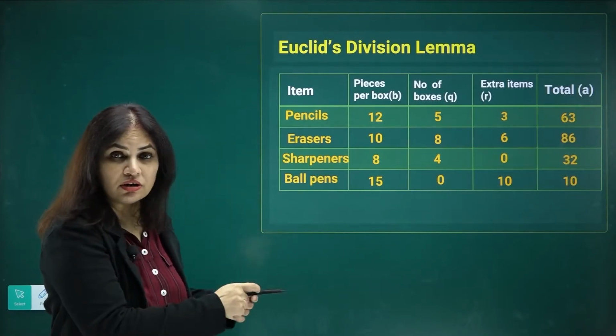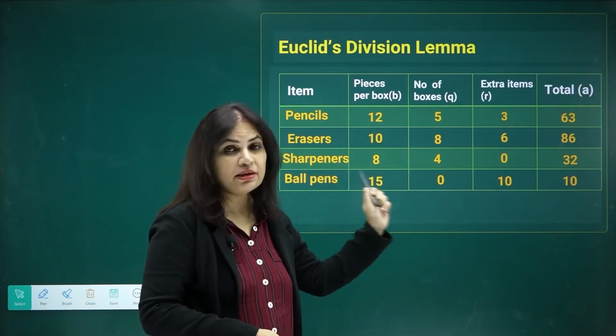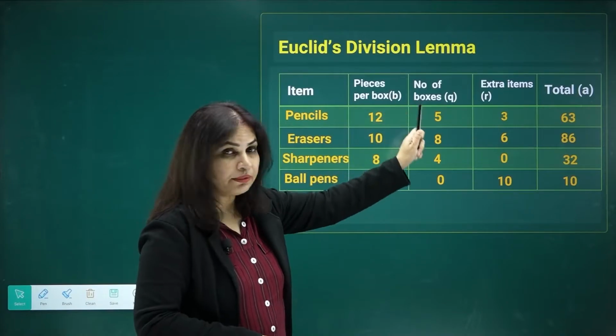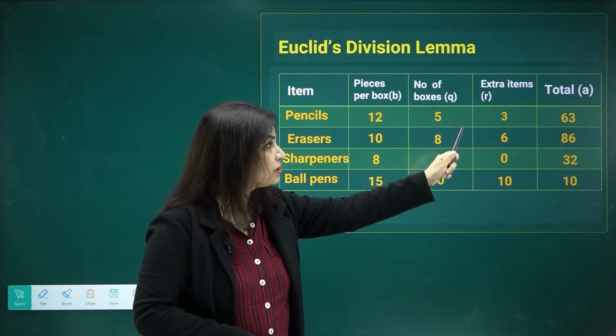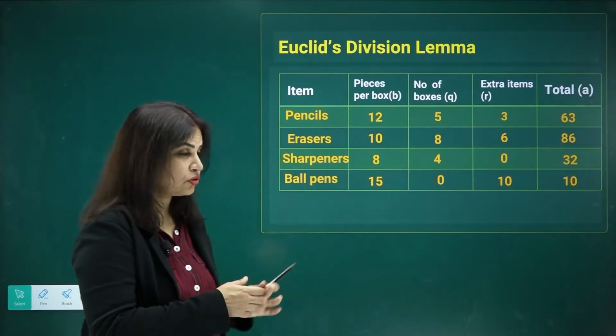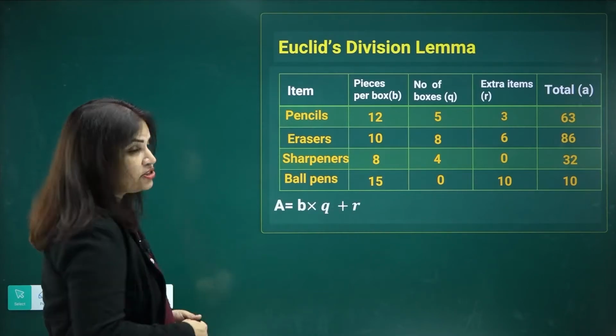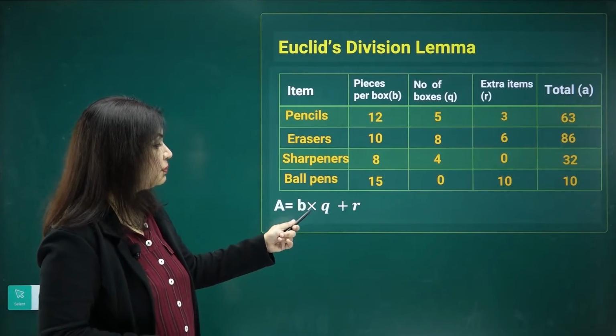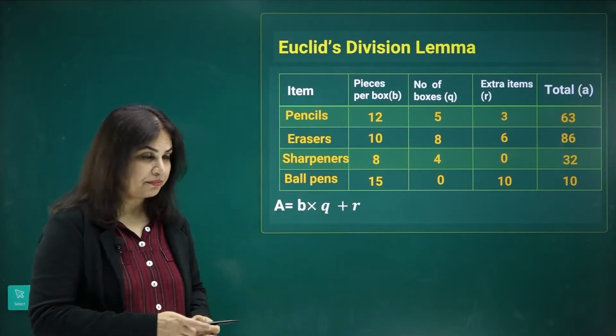In every column and in every row, the same rule has been applied. What is the rule? The first multiplied by the second added to the third is giving me the fourth column. So if I generalize it, I will write A is equal to B into Q plus R.